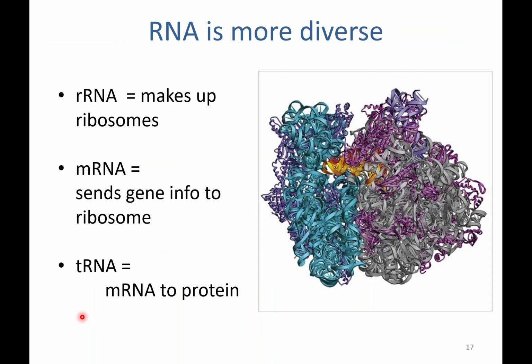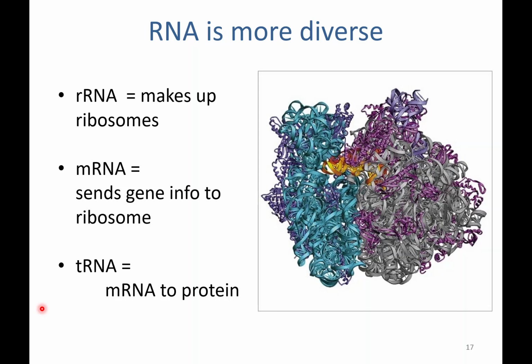RNA is a little bit more diverse than DNA. DNA really just stores genetic information. RNA can have a few different functions, and some examples we will give here are ribosomal RNA that makes up ribosomes, messenger RNA that sends the genetic information from the DNA to the ribosomes, and transfer RNA that converts messenger RNA to protein at the ribosomes.